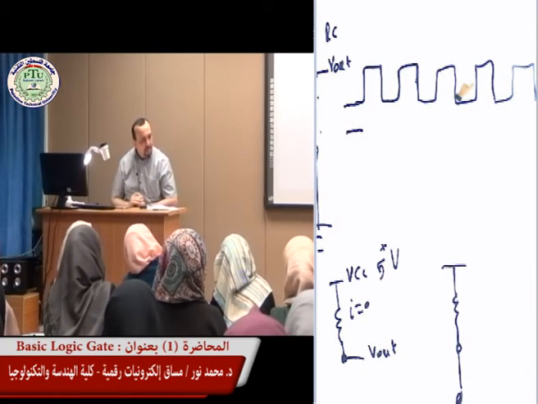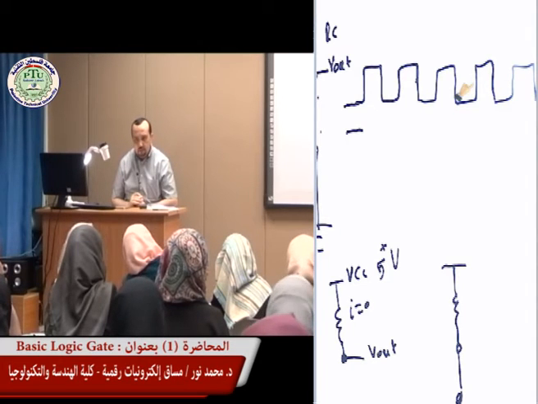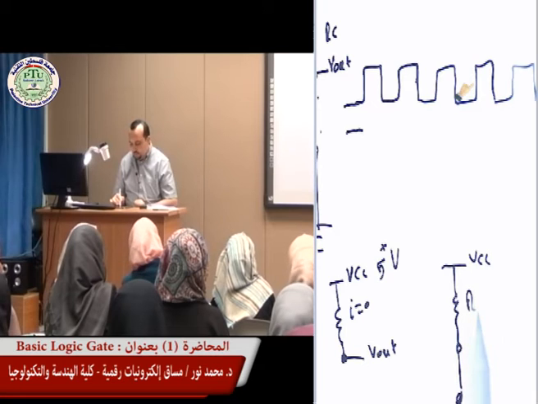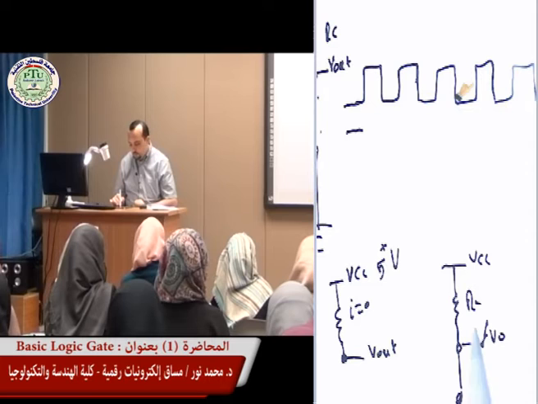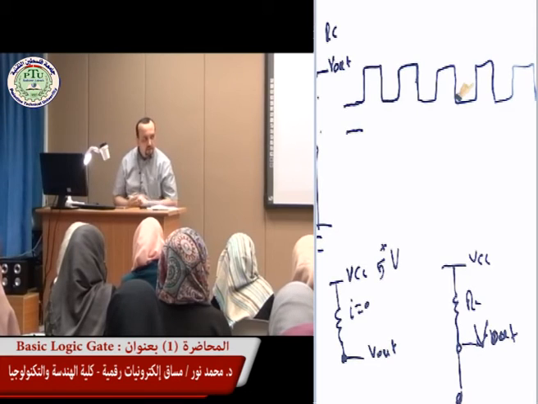So this is the case where we have high voltage: this is VCC, this is RC, and here is V out. So what would it be? 0, because it's shunted, shorted to the ground, right?